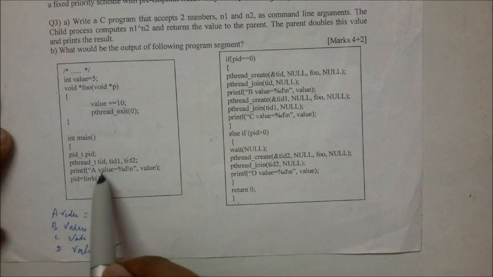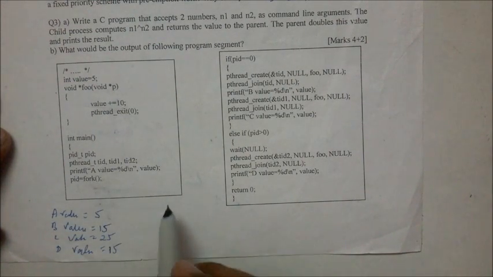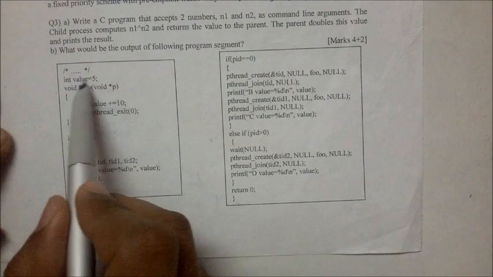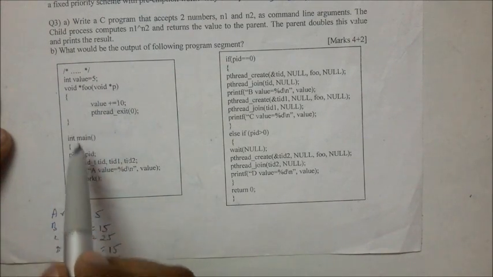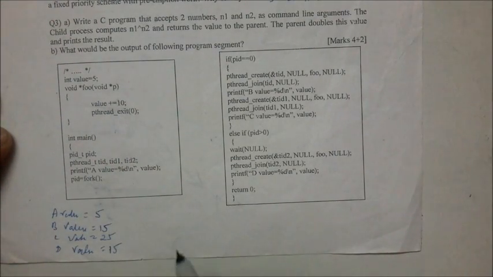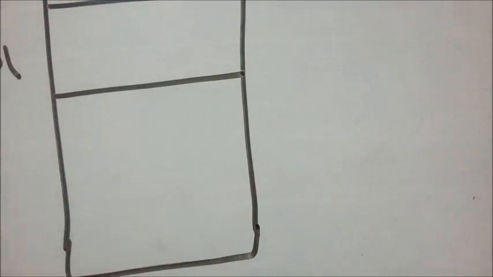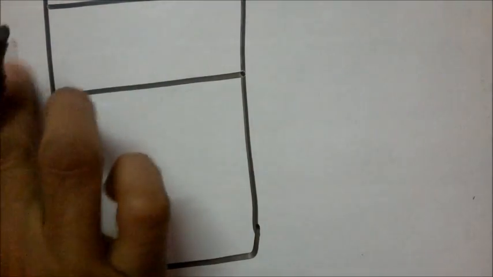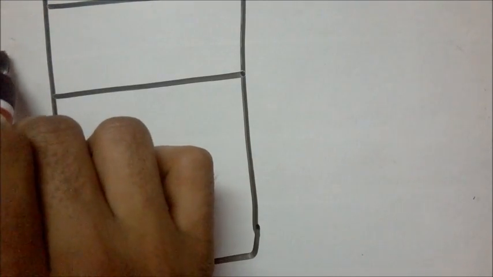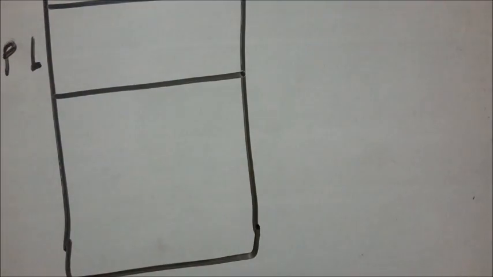So here a value will be printed as the global variable. If we look at this problem from a memory point of view, say this is our original process P1, right?